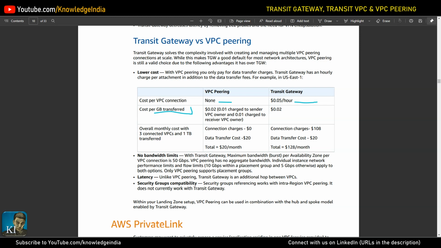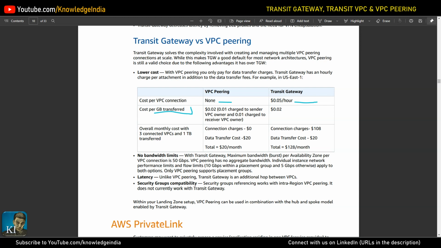In case of VPC peering, practically there is no bandwidth limit, right? In case of Transit Gateway, there is a maximum bandwidth limit of 50 Gbps per availability zone. VPC peering really doesn't have any such limit. The bandwidth limit will be just dependent on the instances' bandwidth limit, right?